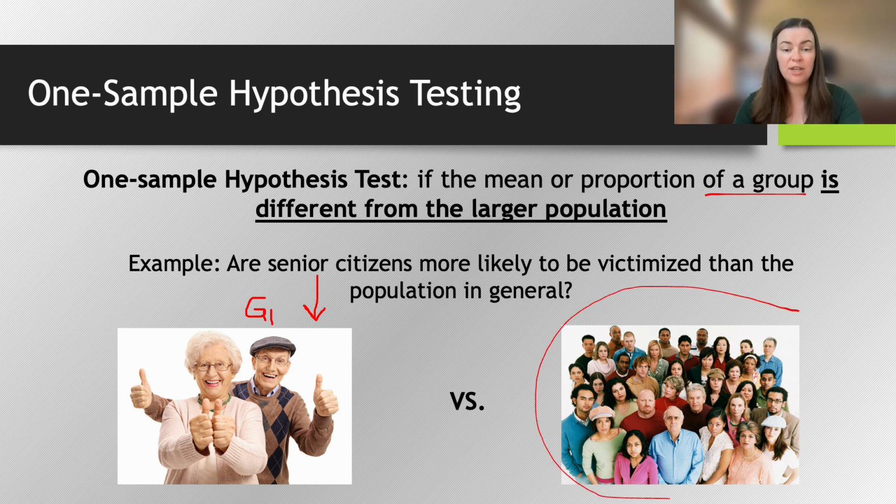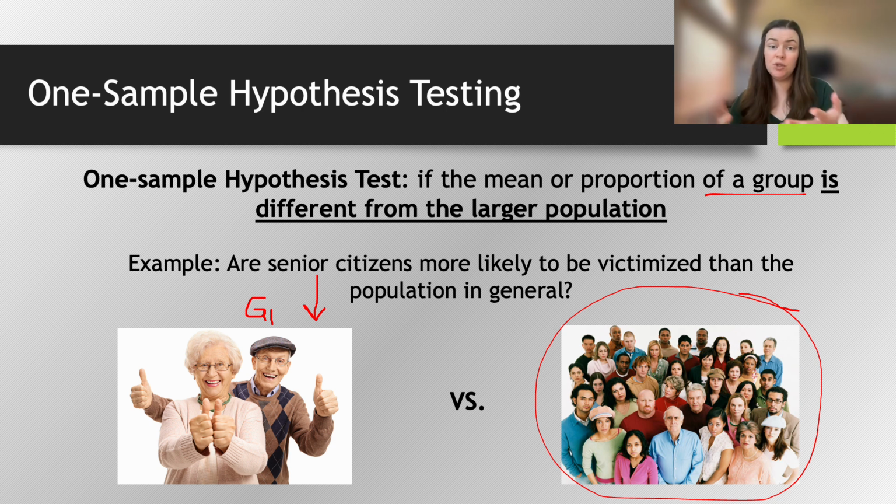And so that's what we have here on the right. And so we could fill this in with any certain group that we might be interested in. It could be juveniles, or males, or females, or people of a certain race. It's gonna depend on what our research question is actually asking us, but what will not change is this second group here, against the population. So that's your key when determining if it's gonna be one sample or two sample. Do I have one group of interest that I'm comparing to an entire population, or am I comparing two different groups to each other? So keep that in mind as well.